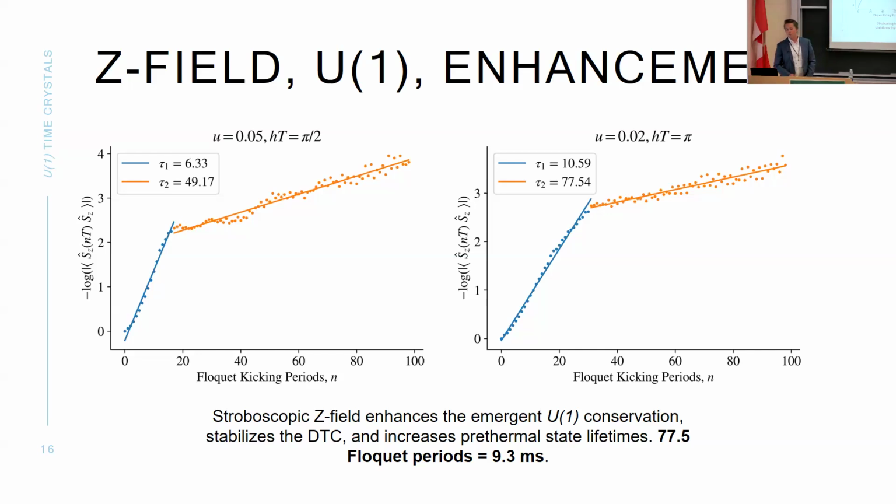So notably, when the field takes its maximum value, and because it's defined over a single Floquet period, the maximum value a field can take is pi, when you take the field times the time of the Floquet period, we find that the emergent pre-thermal lifetime is a whopping 77.5 Floquet periods, which in physical units is 9.3 milliseconds, which is the best we're able to achieve in our systems. And this is going for 100 Floquet kicking periods.